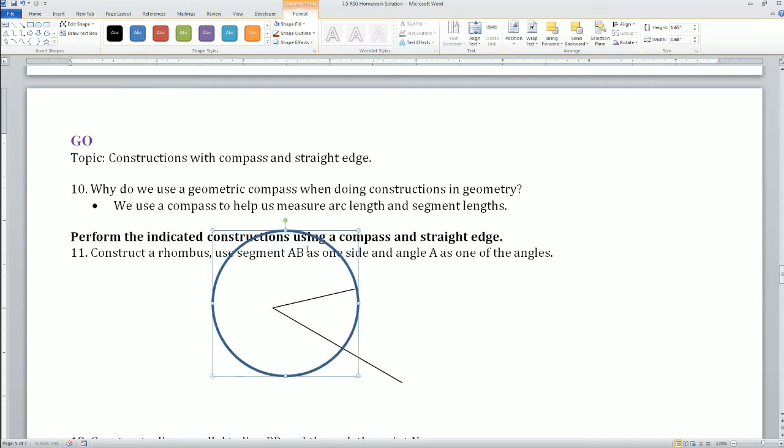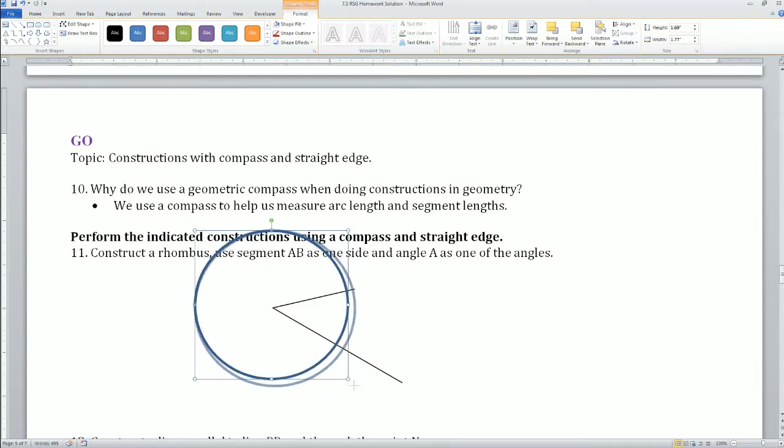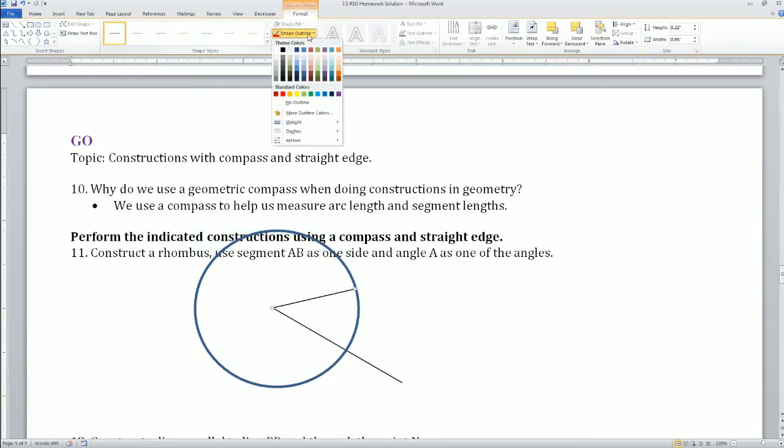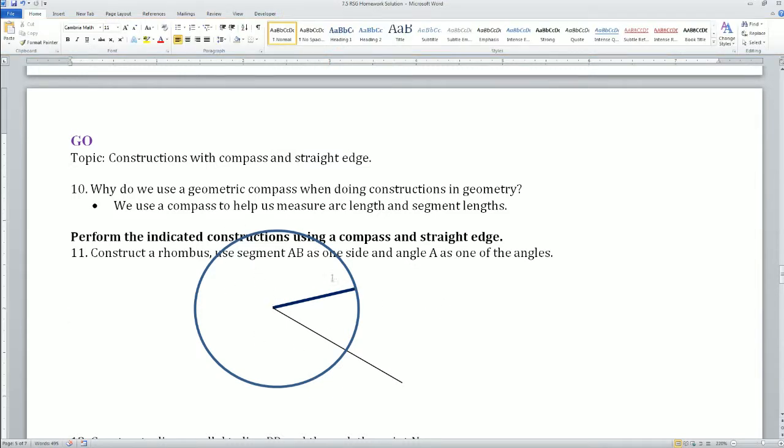Yep, that looks good. You want that as the center. Let me add more weight to that, and that would make it perfect. This side would be the radius of this circle.